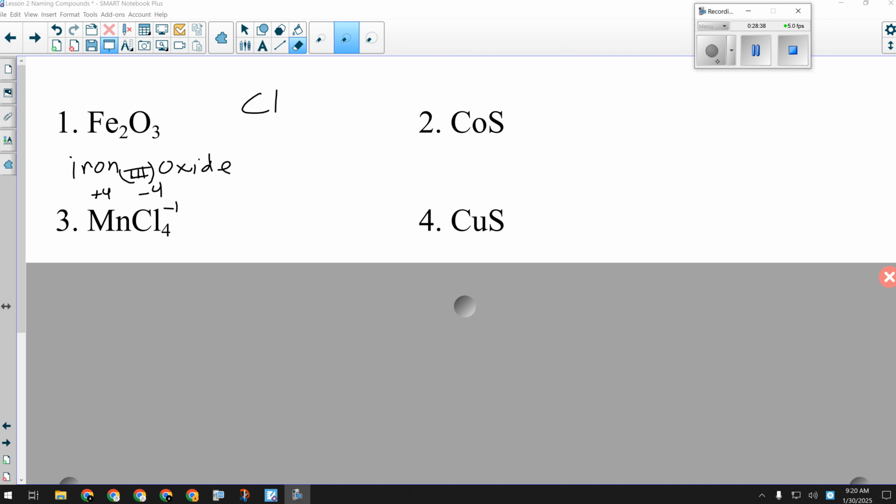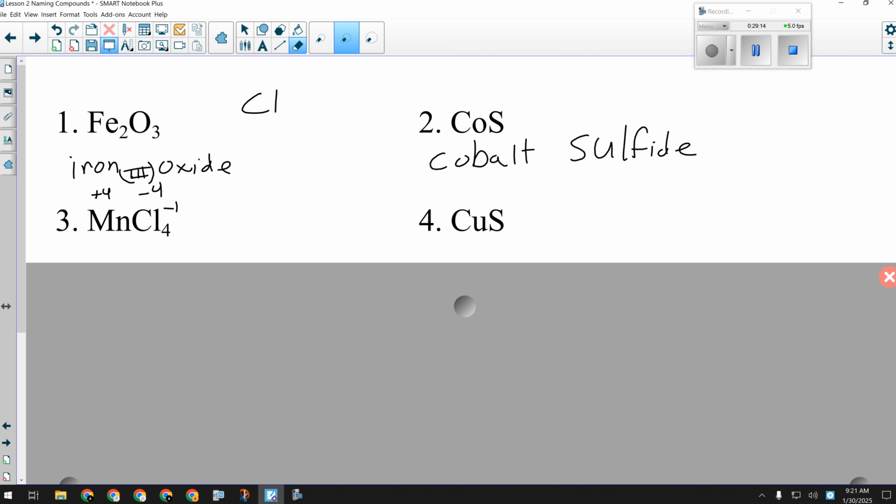So, for question number 2, follow the rules for ionic compounds. Same as always. Co stands for cobalt, and S stands for sulfur. So this stuff is going to be cobalt something sulfide. Now, I have to figure out whether this is the 2 plus cobalt or the 3 plus cobalt, because it could be one or the other. What I do is I look to my non-metal.